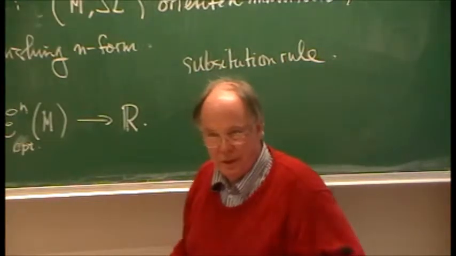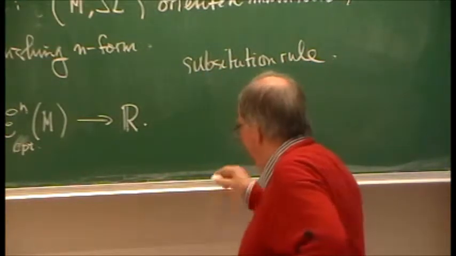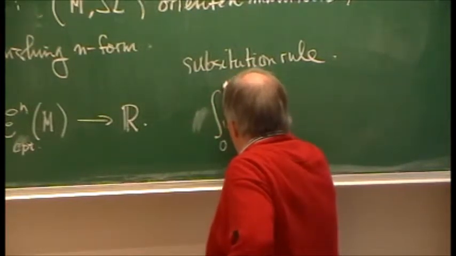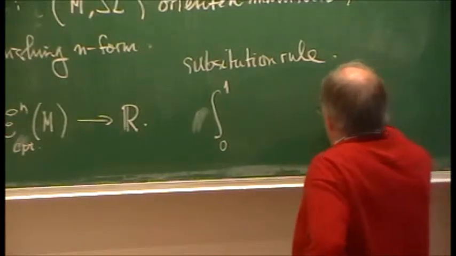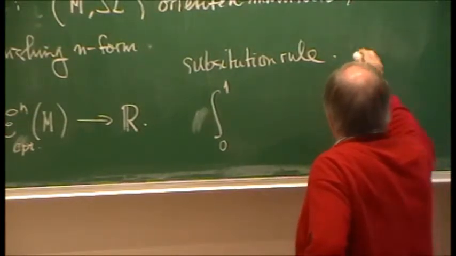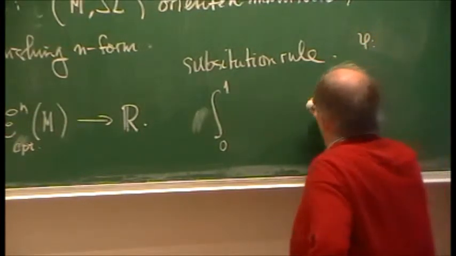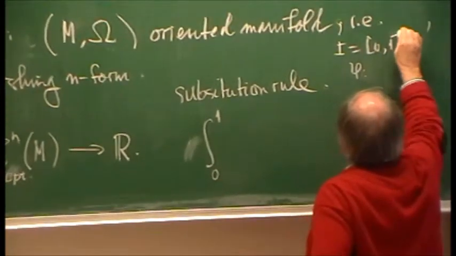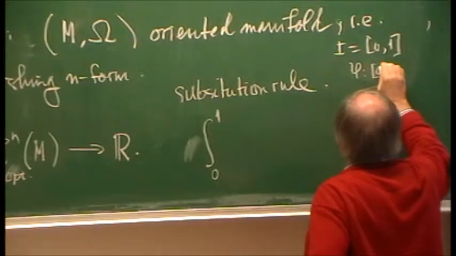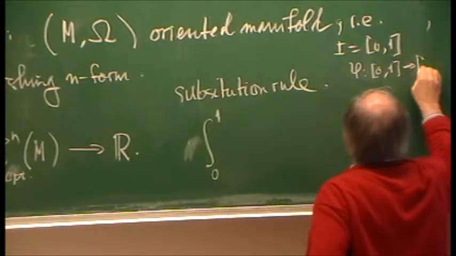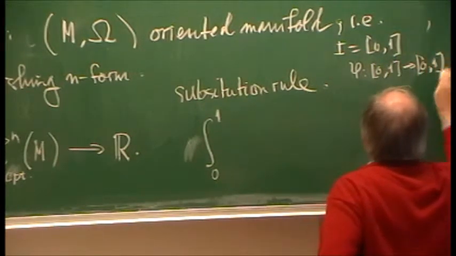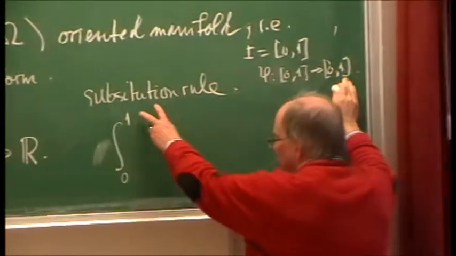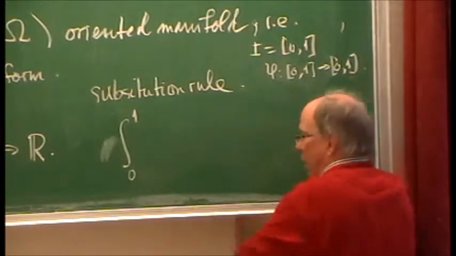If you have an integral from 0 to 1, let's say, and you have a mapping, say phi, a diffeomorphism which is orientation preserving from 0 to 1 to 0 to 1. So that's some change of variables. So substitution rule, change of variables on 0, 1.